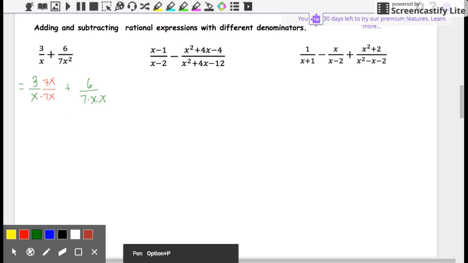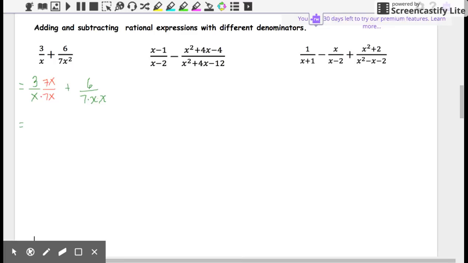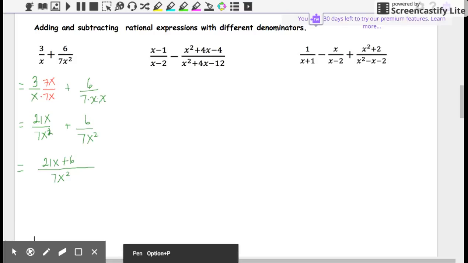Okay, so now I can rewrite this, and this becomes 21x over 7x squared plus 6 over 7x squared. Now they have the same denominator, and we can just combine them. So we'll have 21x plus 6 over 7x squared. We can attempt to simplify this further by factoring the numerator and denominator to see if they have anything in common.